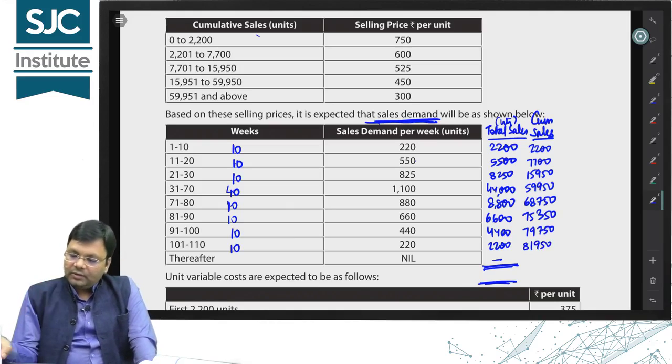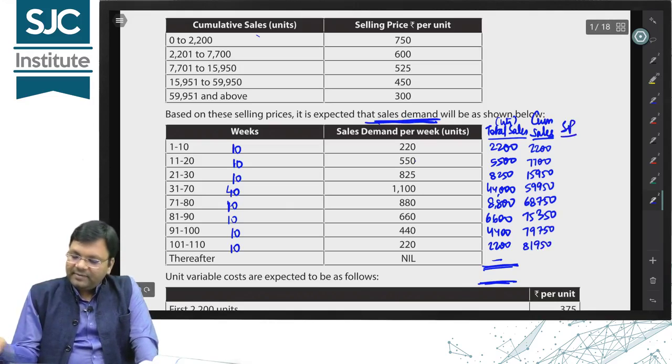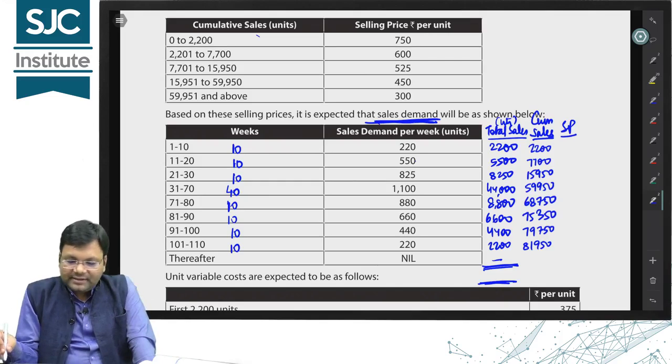Okay, so you can now understand what will be my selling price at each of these stages.